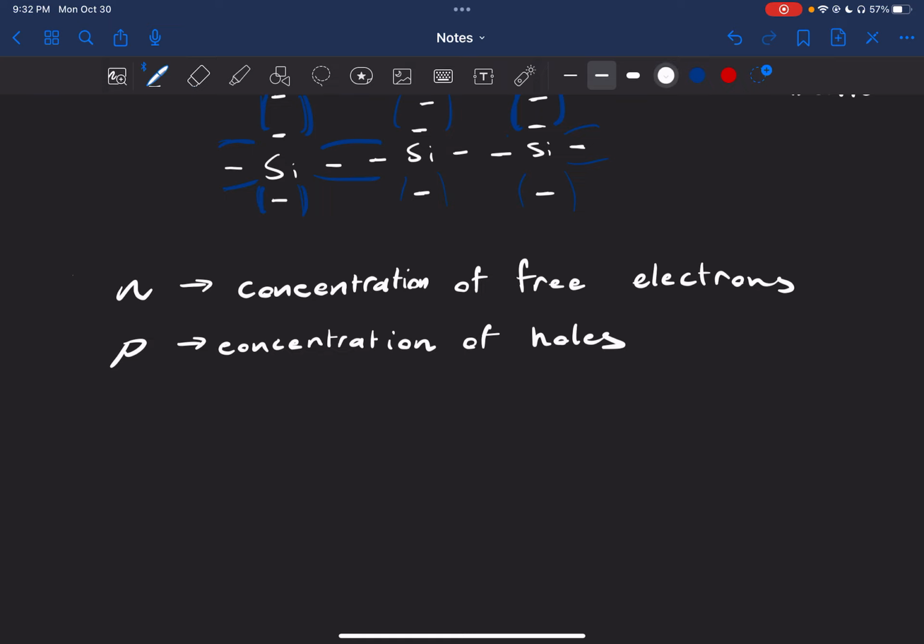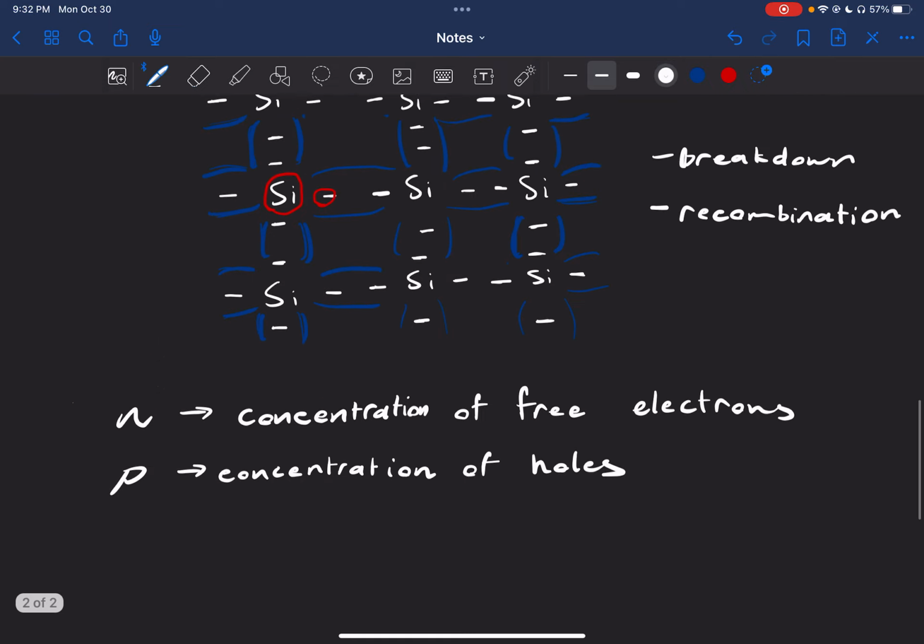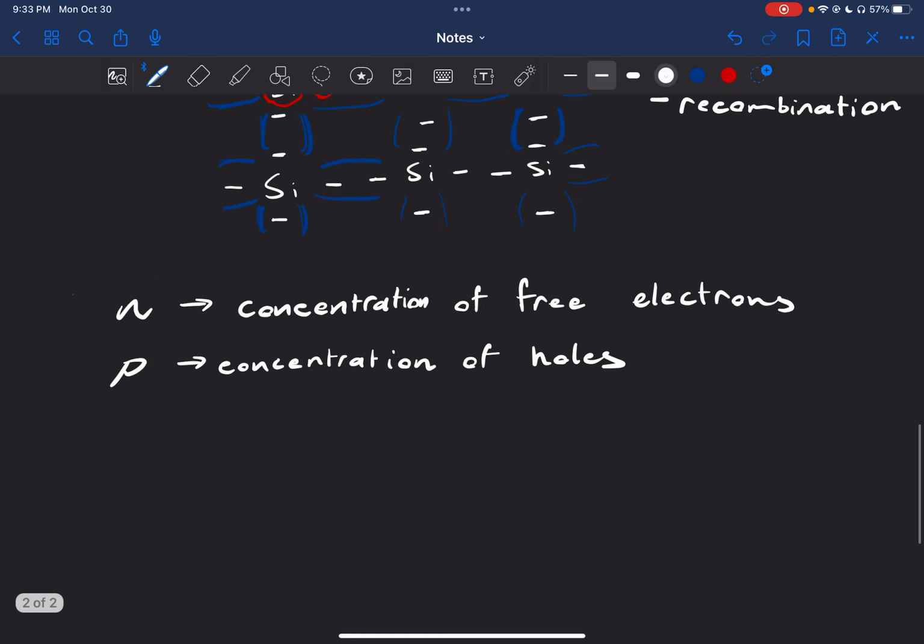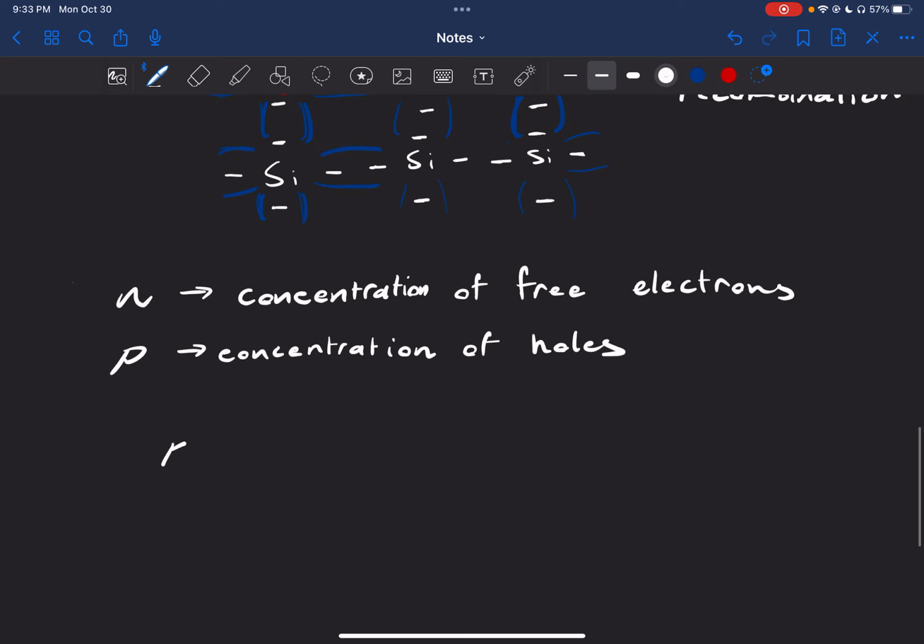And from here, since the breakdown and recombination of covalent bonds is happening at the same rate, we could say that the concentration of electrons is equal to the concentration of holes.